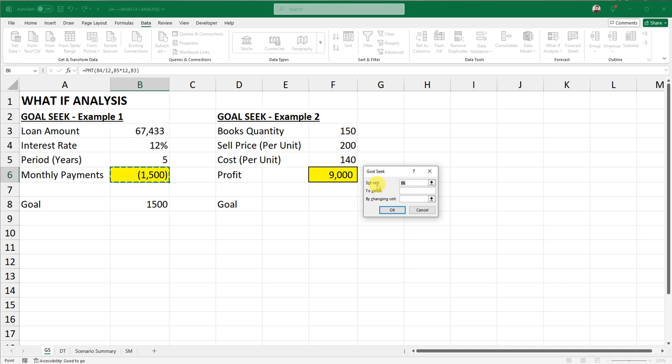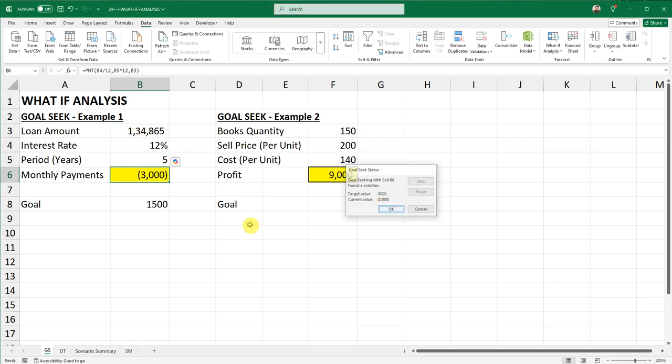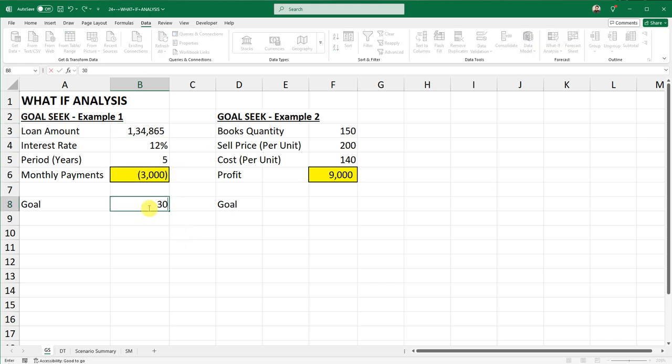Now you need to set the value to 3000, and we pick the variable which is the loan amount, and in our case the cell is B3. Very quickly it gives us the accurate amount, which is 1,34,865. So we can pay a monthly payment of 3000 for the next 5 years at 12% interest.